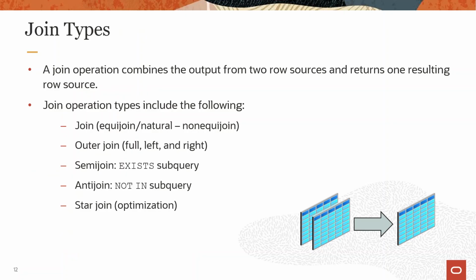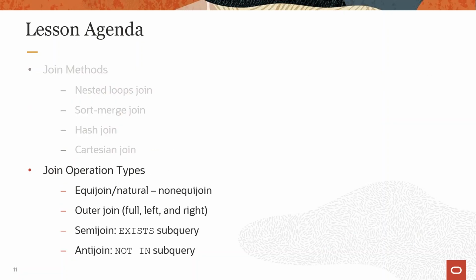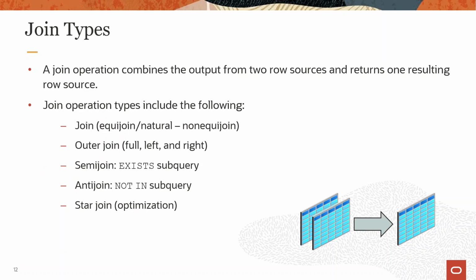Join operation types include equi joins, non-equi joins, outer joins, semi-joins, anti-joins, and the star join.